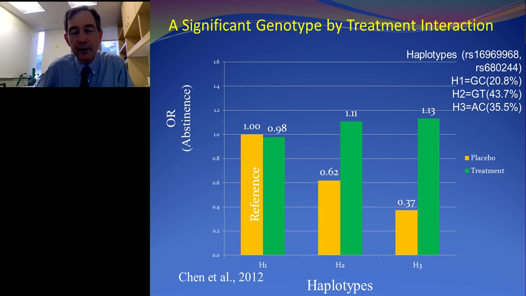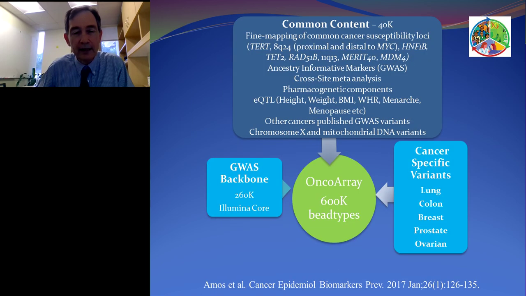The implication from this study is that you should probably allocate people to treatment according to their genotypes, because if they don't have the risk genotypes, then they won't benefit from this kind of pharmacological intervention.